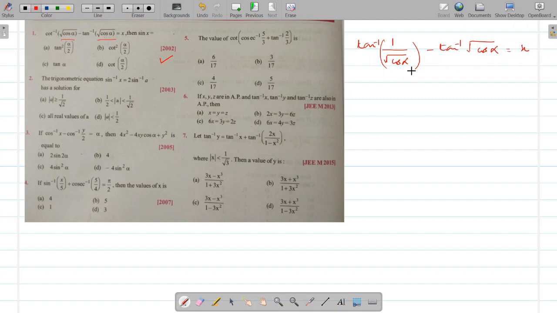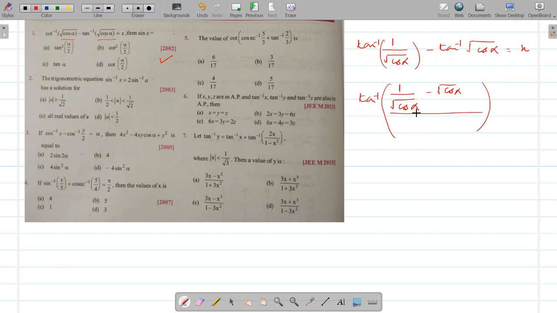We can use the formula of tan inverse of x minus tan inverse of y. The conditions I have already explained in the last lecture, so you can just revise that lecture and directly use that formula. So you'll get tan inverse of x minus y upon 1 plus xy.